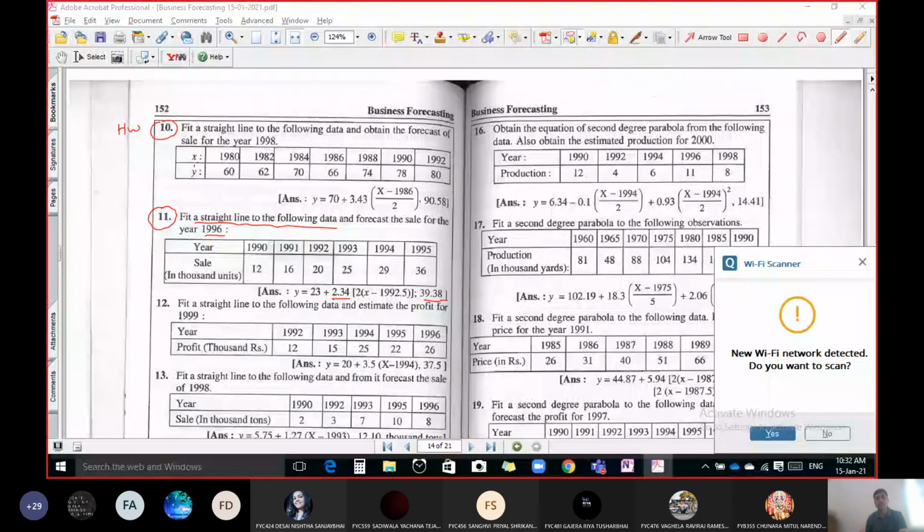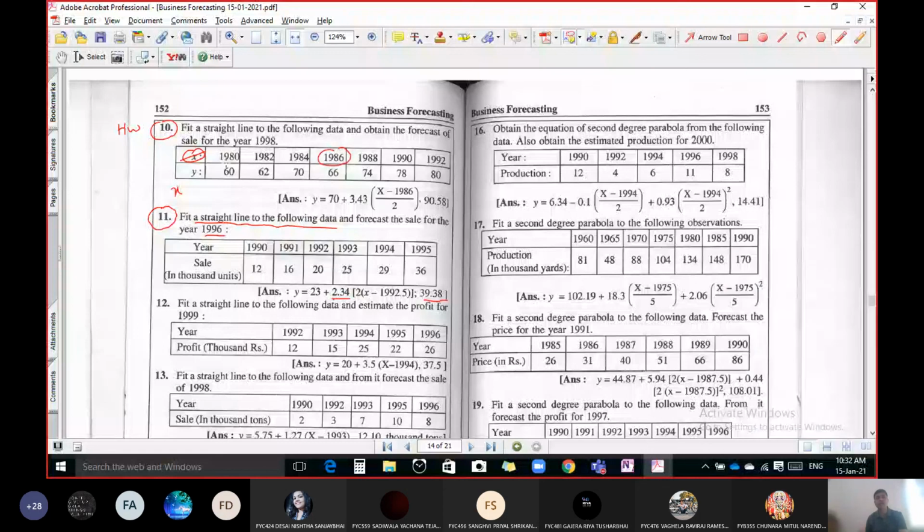If we subtract 1996, then we get minus 6, minus 4, minus 2, then 0, 2, 4, 6. So instead of writing that value, better to divide it by 2. So subtracting 1996 and then dividing by 2 and converting that as the value of x, this becomes simple. So try to find out the answer for question number 10.